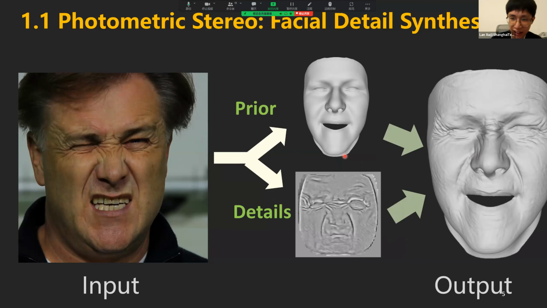In a nutshell, our technique employs expression analysis to attain a high quality prior for the facial geometries, and then we combine the facial geometry details in terms of a bump map, or in the UV space.